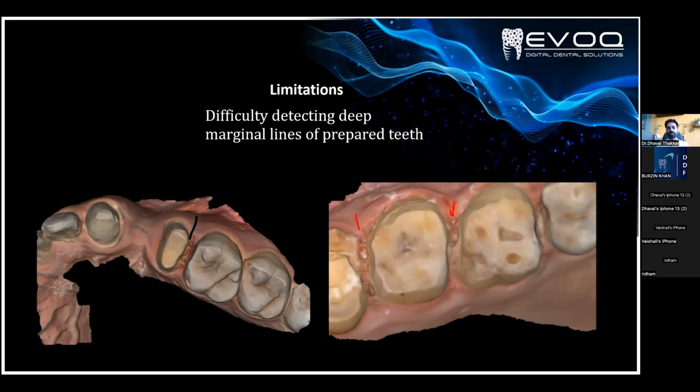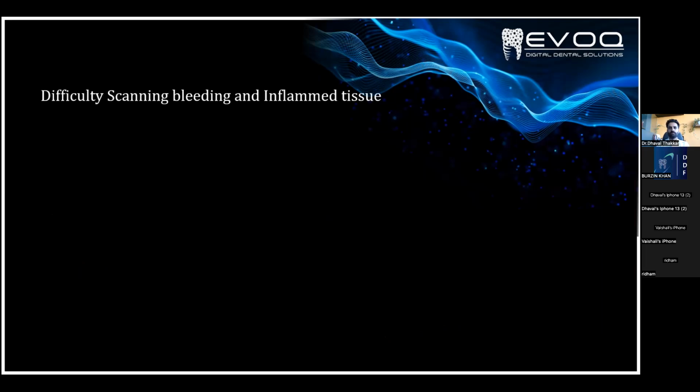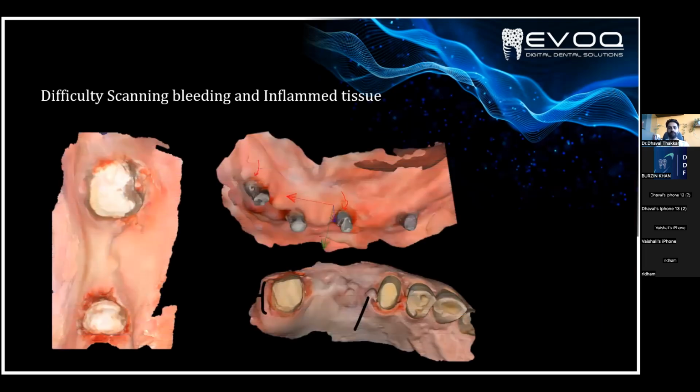So even in this condition, it is better to go with the manual impression technique. There is always difficulty in scanning inflamed gums, shiny metal surfaces, non-sandblasted implant abutments, and bleeding gingiva.